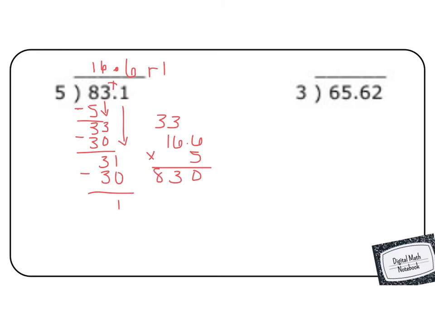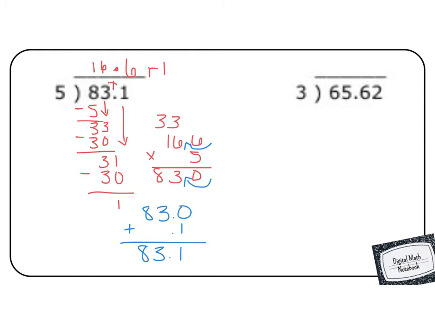So here's my number, 83. I'm going to bring in my decimal, it's right here. And now I'm going to add that 1 that was a remainder. So 83.0 plus my decimal, which was a 0.1, gives me 83.1, which is the number that I started with. So I know my answer is correct.